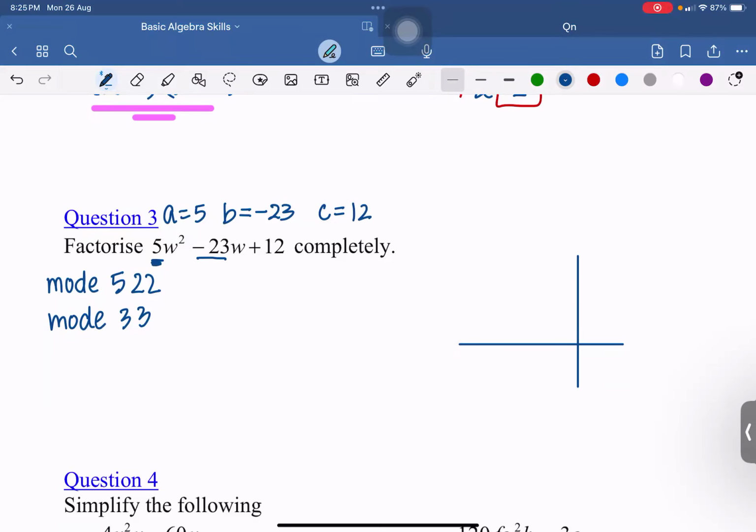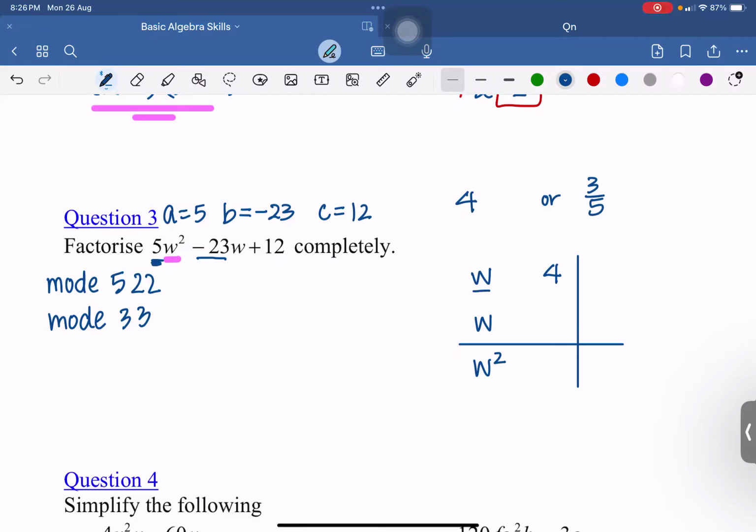Notice my calculator gives me the first answer is 4. The second answer is 3/5. What does this mean? This means 4 is on its own with a letter. Observe, normally we write x, right? But in this case, this one is a letter w. So it means w squared. 4 is on its own, so 4 with w.